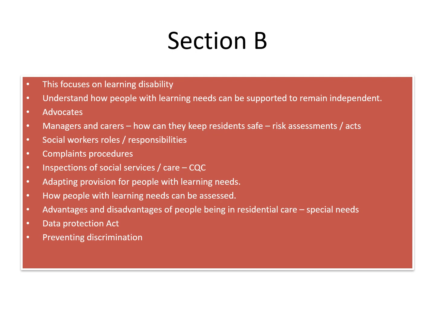Inspections of social care settings, so the CQC, Ofsted, depending on where we're looking at. Adapting provision for people with learning needs, how people with learning needs can be assessed. Advantages and disadvantages of people being in residential care, so we're talking about the elderly and those with special needs. Then you need to know about the Data Protection Act and ways in which discrimination can be prevented.